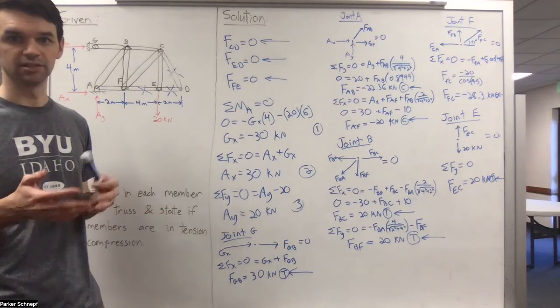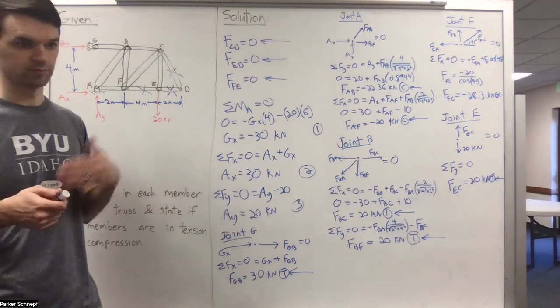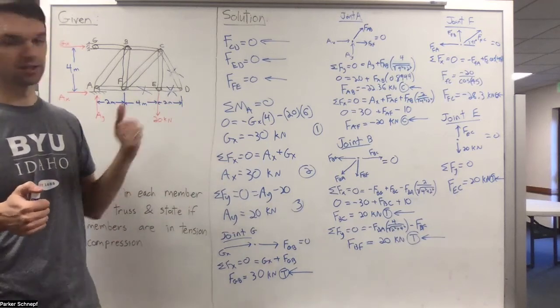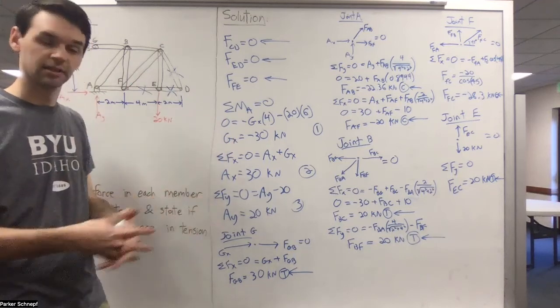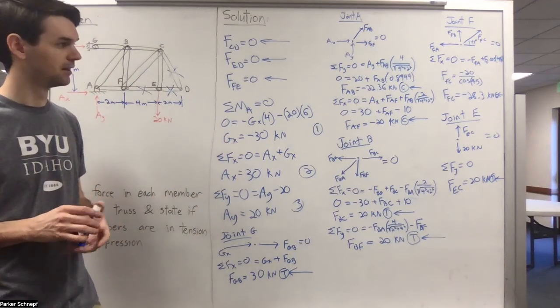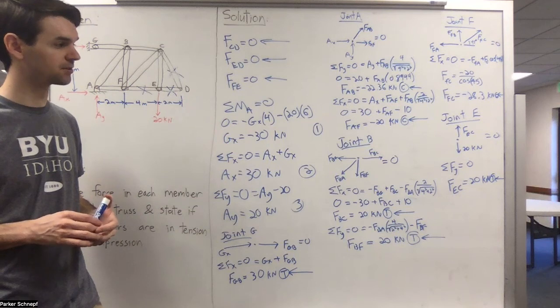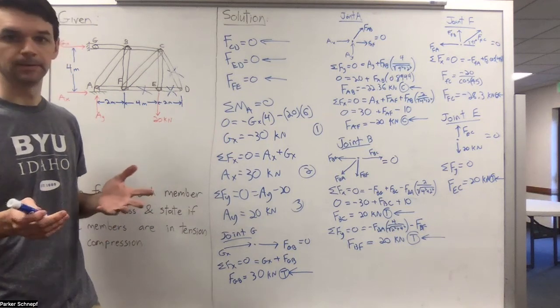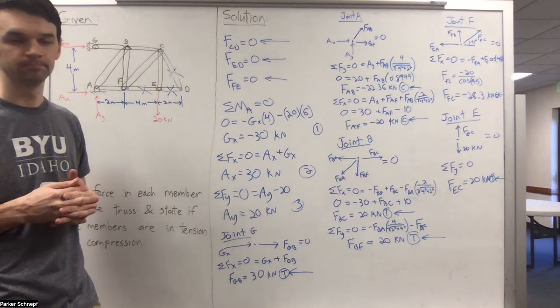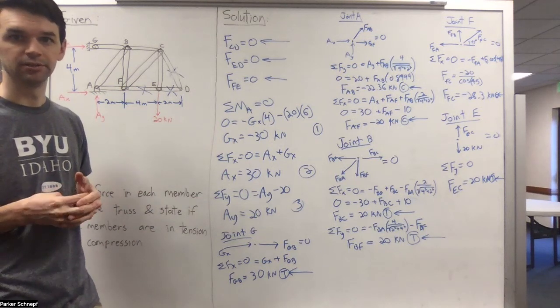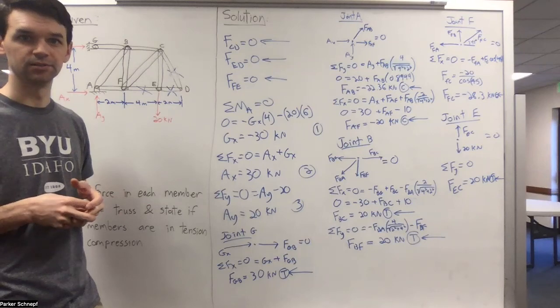Positive will be tension, negative will be compression. In subsequent joints, as you're subbing in values that you've already solved, you can just plug in the value exactly as you solved it, and your answer will pop out correctly. So that's pretty much it for method of joints. You just got to be careful and do the work, and you'll do just fine.